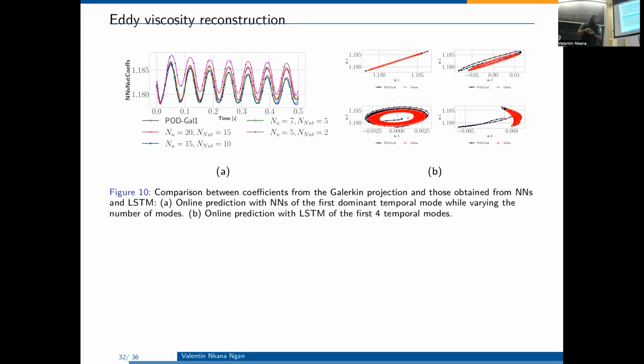But we can observe online that although the ROM can predict, picture B is the comparison between the POD coefficient obtained from the Galerkin projection and the coefficient coming from the LSTM prediction.